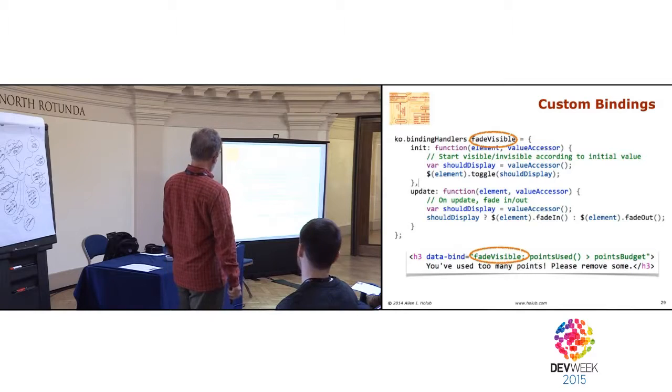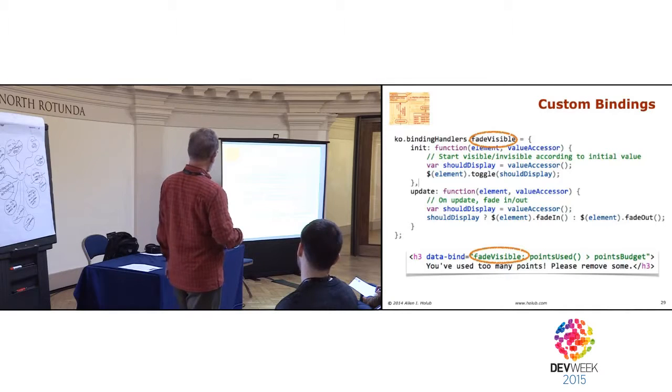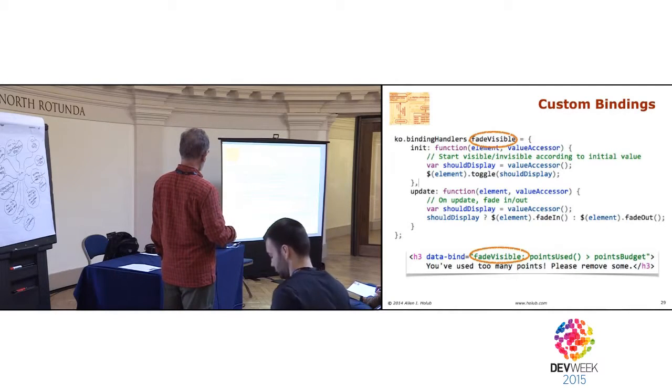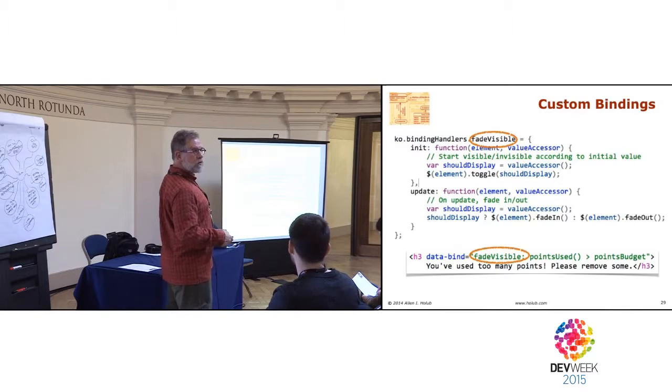And then finally, it's possible to make custom bindings if you want to. So you can invent your own bindings. Here I made a fade visible binding. What this fade visible binding is going to do is execute this code as a side effect of whatever the update would be, and it's going to execute this code exactly once when the bound element is initially bound.